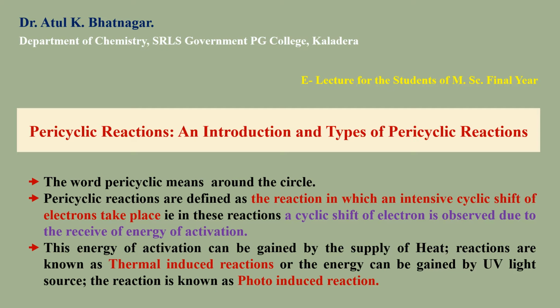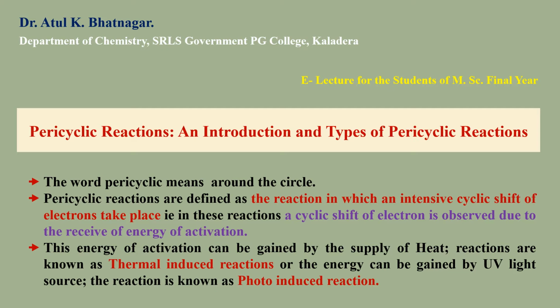The second source of energy may be ultraviolet rays. If we are using an ultraviolet light source, then we are providing photons to the reaction. Pi electrons absorb photons from the UV light and are excited for the movement, or they gain energy of activation.